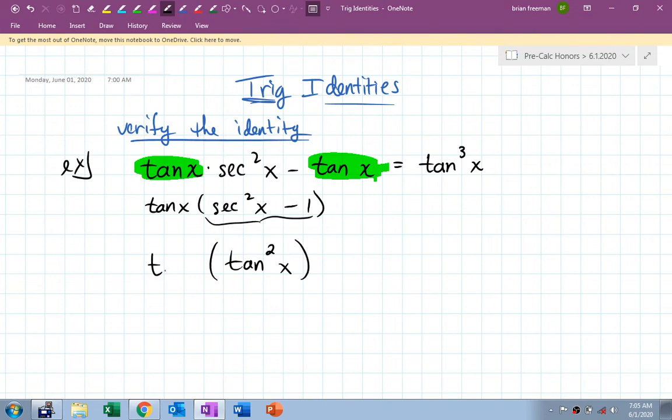So then I have tangent x times tangent squared, and I get my tangent cubed. I just verified the identity. I turned the left side of the equation into the right side of the equation. That's the way you want to approach all of these.